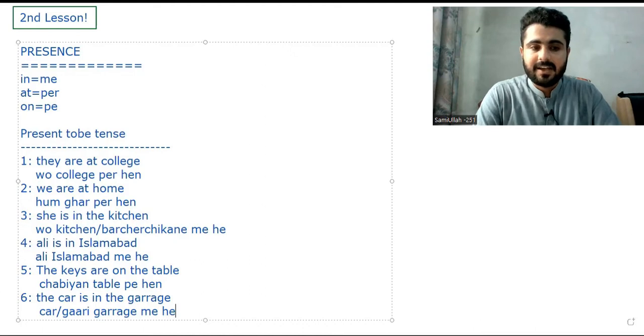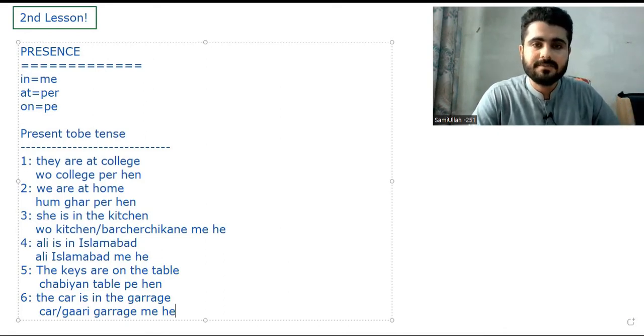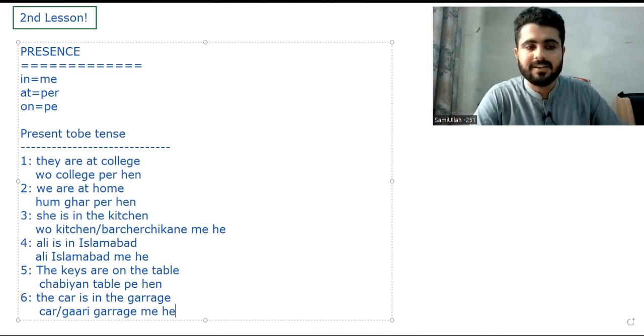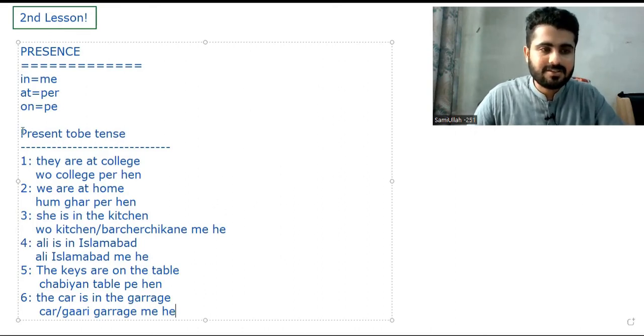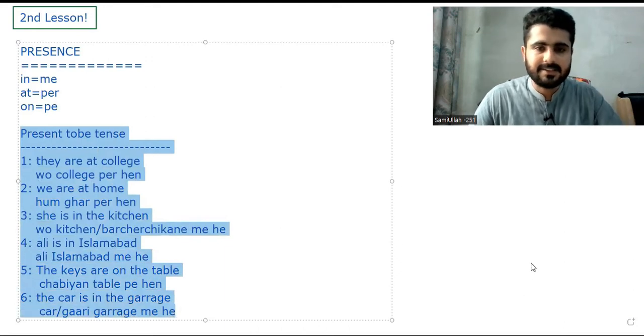All these sentences are in present tense. It means they are at college means right now they are at college. We are at home means right now we are at home. I can also say they were at college in the past. We were at home. She was in the kitchen. Ali was in Islamabad. So now let's see if we change the time, how we are going to tackle the sentence.